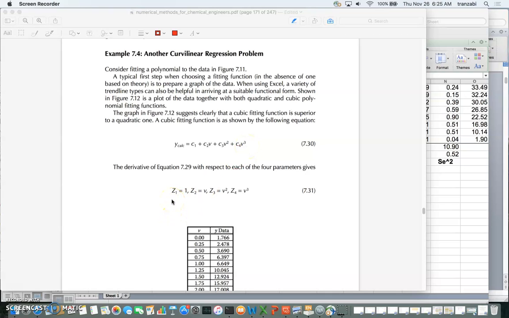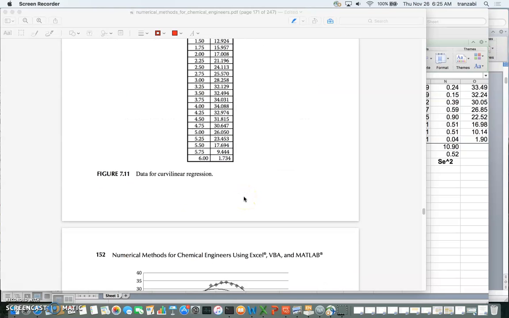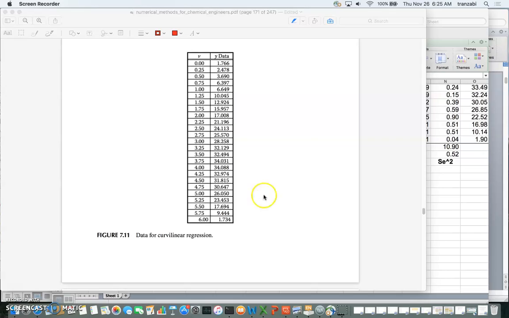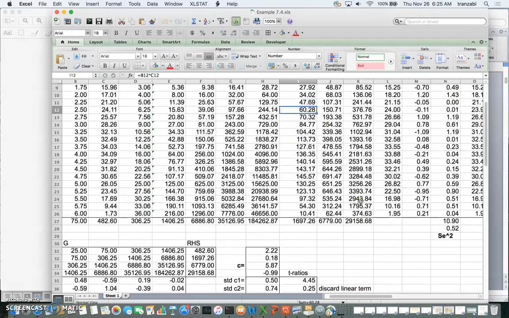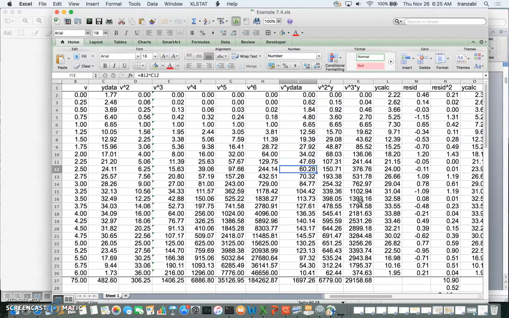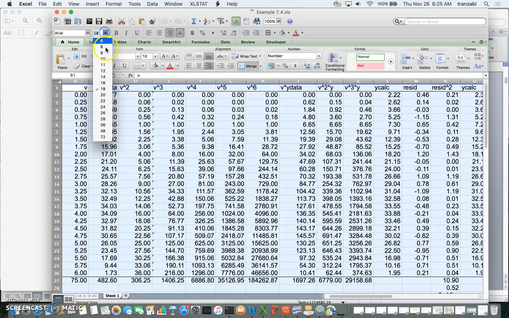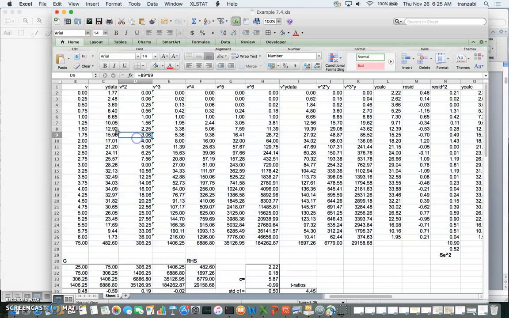So our approach starts from calculating z-values, z1, z2, z3, until z4. And by doing so, we actually have to calculate a big table like this. I think I have to make it a bit smaller. Okay, so these are our x values, the y values, and then we have to calculate a lot of quantities here. We have to calculate x squared, cubed, to the 4th power, 5th, 6th.